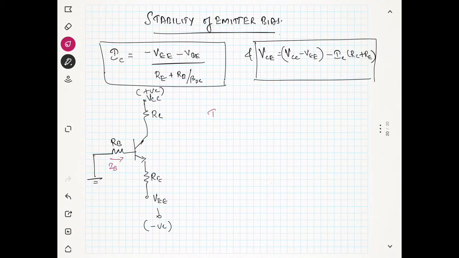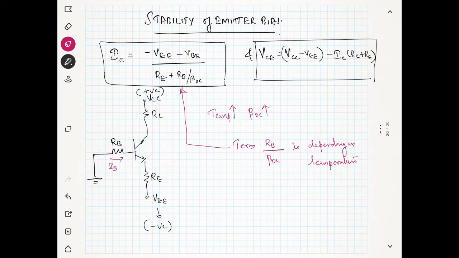So when the temperature increases, you know that beta DC also increases, or whenever the temperature changes, beta DC changes. Now it is very evident from this equation that the term RB over beta DC is dependent on temperature, right?